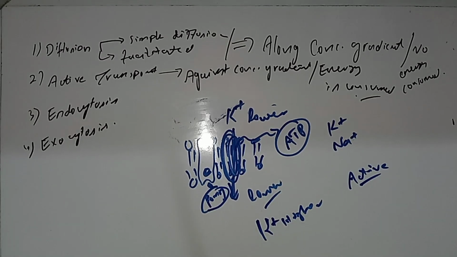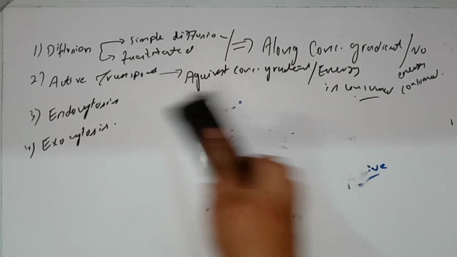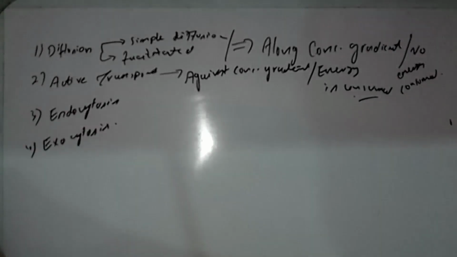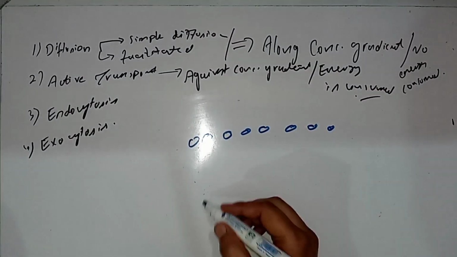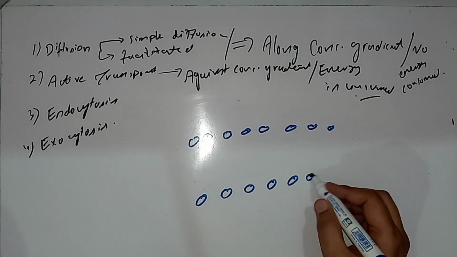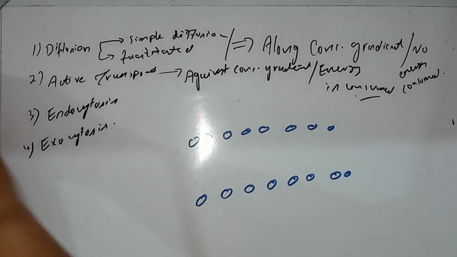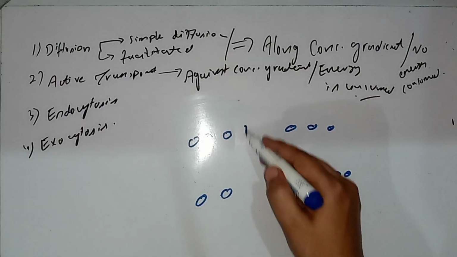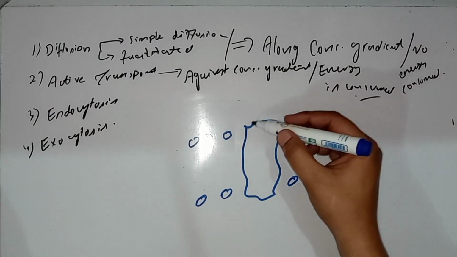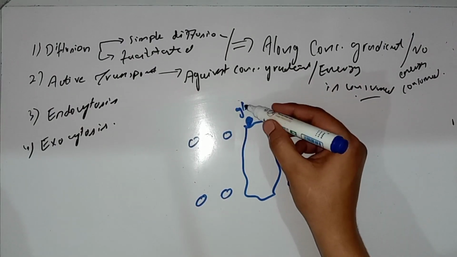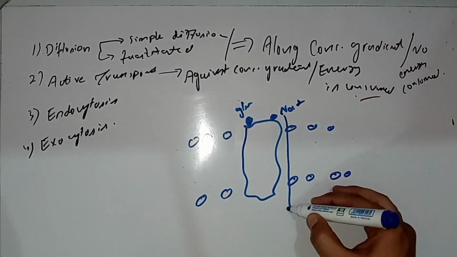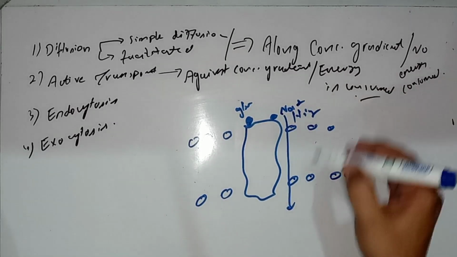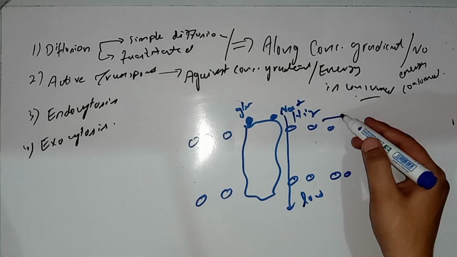What are symporters? Let me explain. Symporters and antiporters: in certain membranes, molecules may move in the same direction or in the opposite direction with the help of one carrier protein. For example, here is a carrier protein, and it has two binding sites. On one side binds glucose, and on the other side binds sodium. Sodium moves along its concentration gradient, from higher concentration to lower concentration, and in this movement it releases energy.